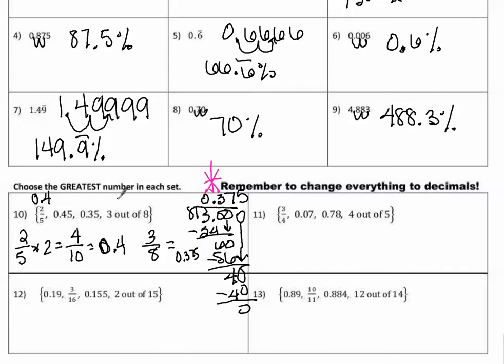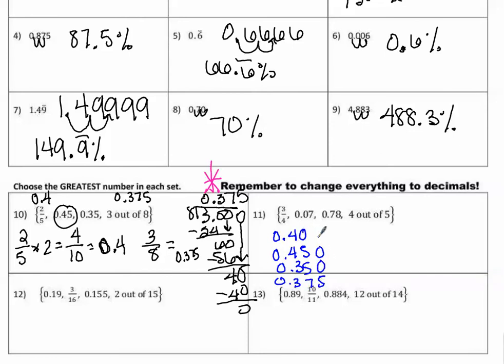The greatest number is going to be 45/100. If you struggle to see that, stack the decimals. For example, you have 0.4 or 4/10, 45/100, 35/100, and 375/1000.